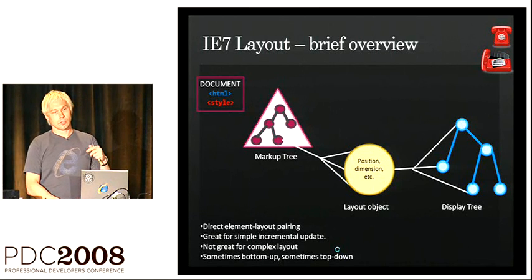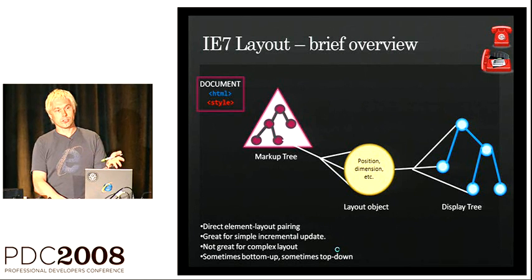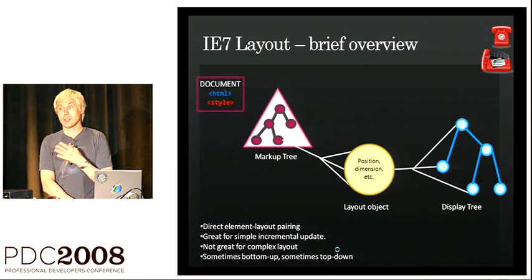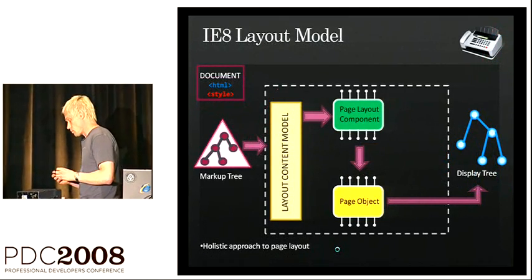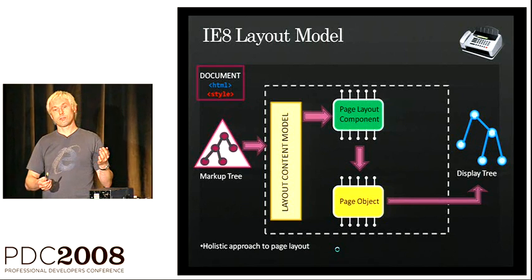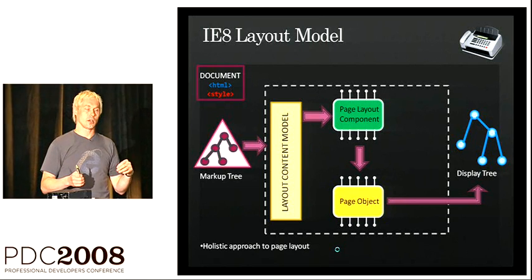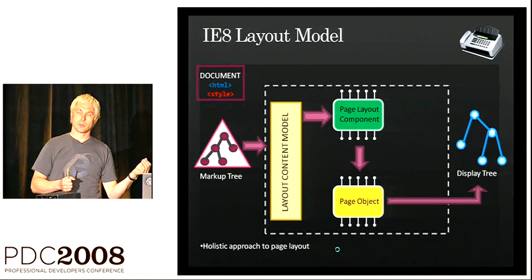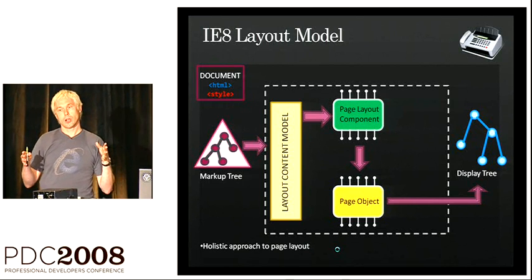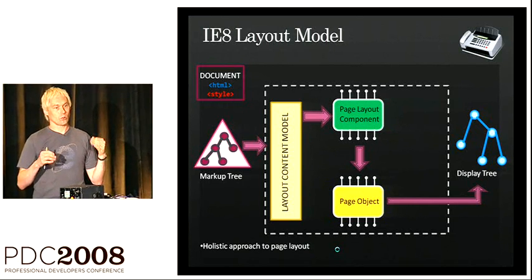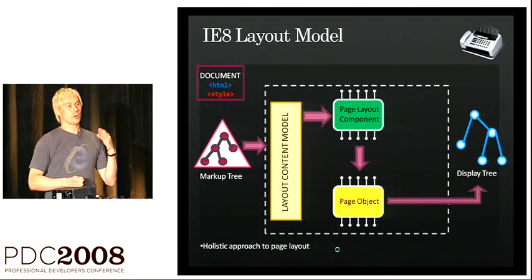And in the old system, it was hard to get rid of it because the layout object is there. It's hard to hide it. Now in the new world, we have removed that single low-level layout object that connects any element with its display. Instead, there is a holistic view. There's a whole page, and whole-page layout is the only way to lay out the page we get from the element tree.